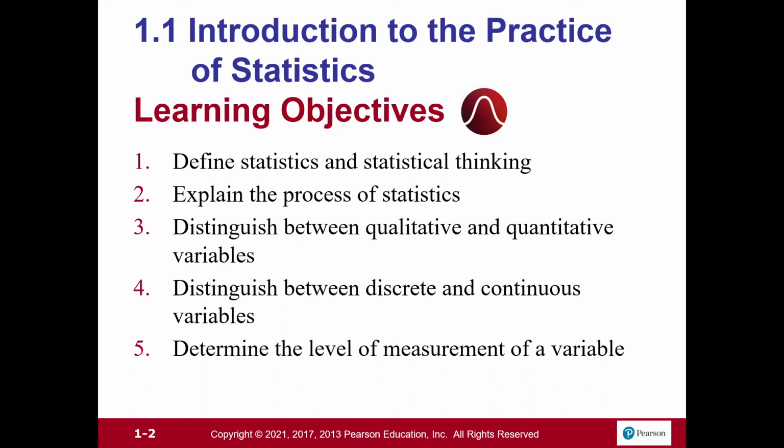Distinguish between discrete and continuous variables. The truth is numbers can be divided into many different categories. Discrete numbers are whole numbers, where continuous numbers are decimal numbers, approximated numbers, values for like your weight, your height. Those are only as precise as the instrument that is used to measure them.